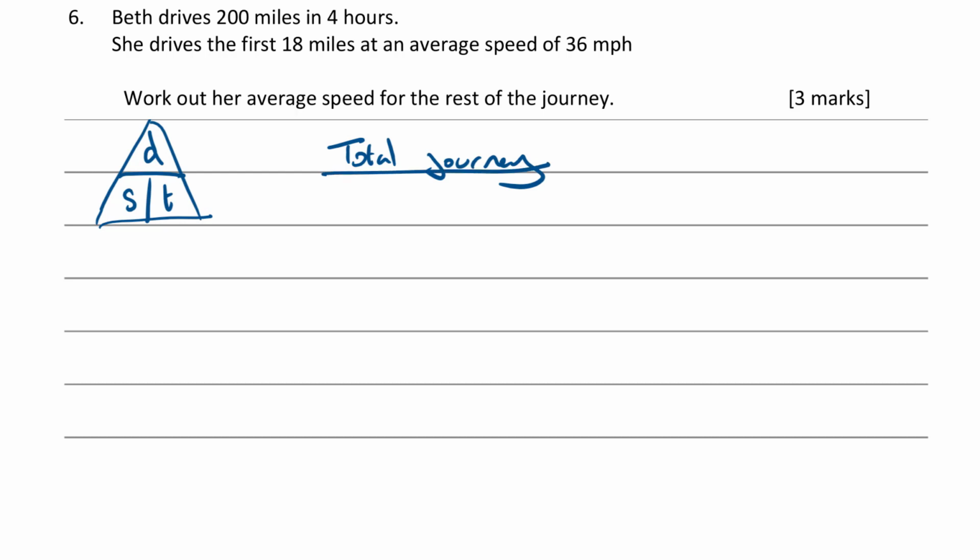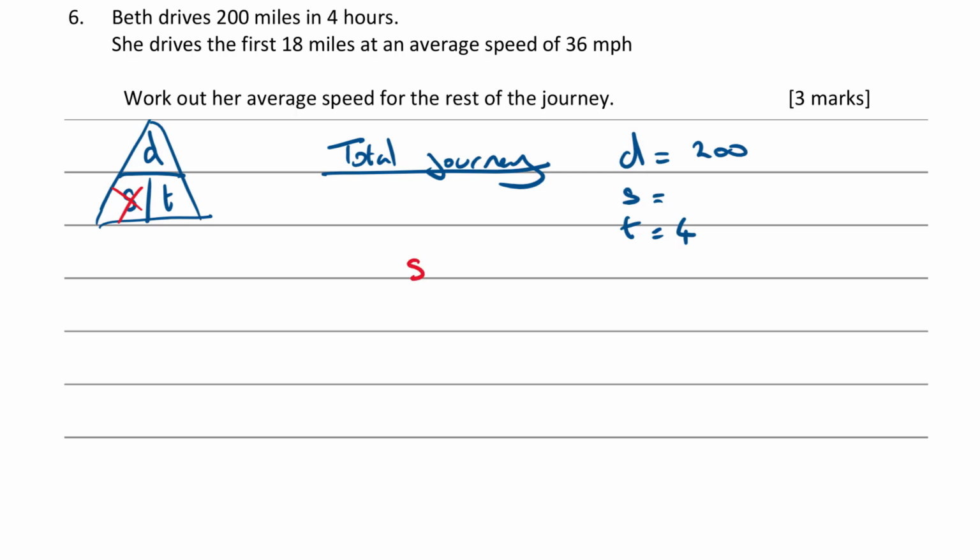Now the total journey, what is D, what is S, what is T? Well, we've got the distance, which is 200 miles. We don't have the speed, but we have the time, which is 4 hours. But we can find S then using the other two. So we just cover up, stick your finger on top of the one you're trying to find, in this case S. And then the triangle tells you what to do with the other two.